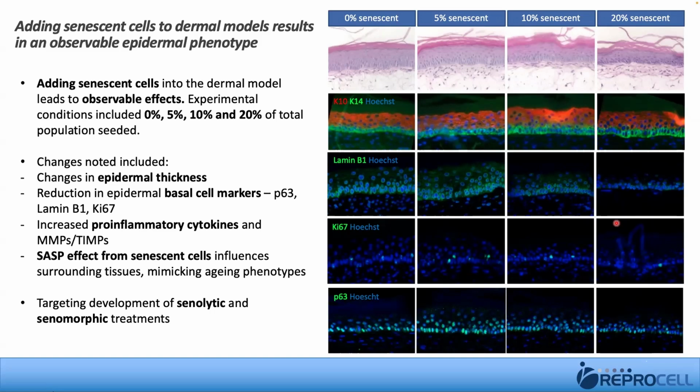So the effect from the senescent cells, which influences surrounding tissues, mimicking the aging phenotype. We see a thinning of the epidermis, as you can see along the top. So that's two strategies by which we can develop an aging model. And of course, with this one, the senescent one, we can use that for targeting the development of senolytics and senomorphic treatments.